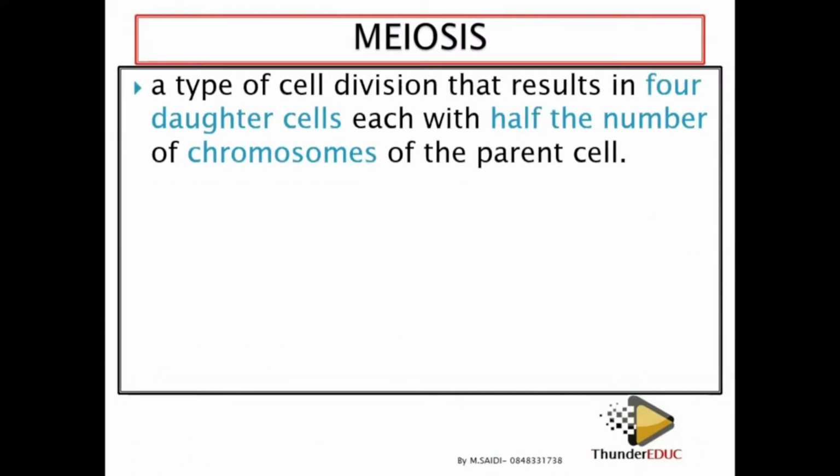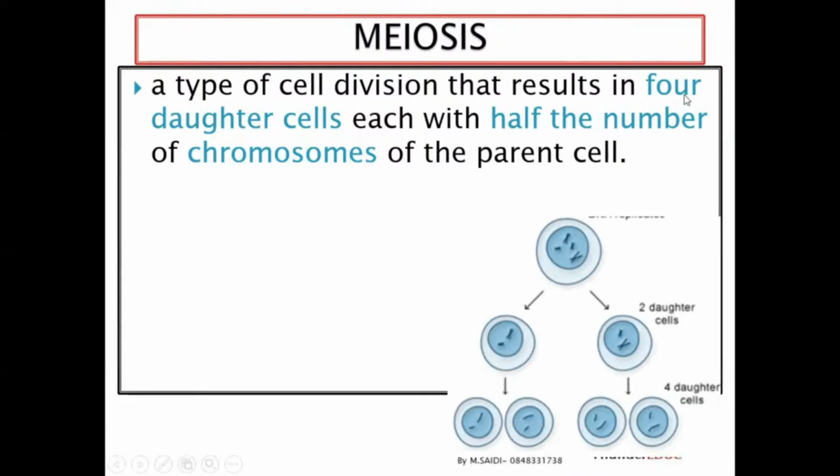It's a type of cell division that results in 4 daughter cells, each with half the number of chromosomes of that of the parent. So it means that meiosis starts with one cell. This cell divides, and then you form 4 daughter cells. These cells have half the chromosome number of that of the parent.